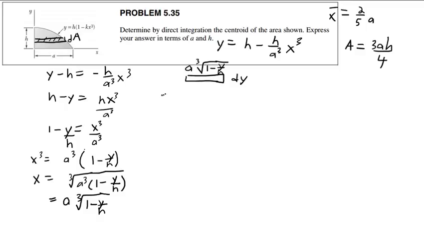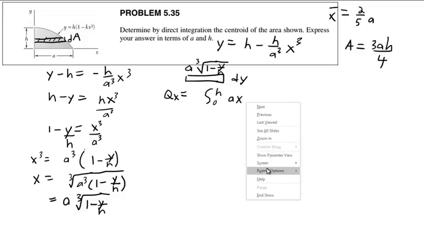And then the qx, the first moment of area off of the x-axis, is going to be the integral from 0 to h of a times x. That's from the formula.